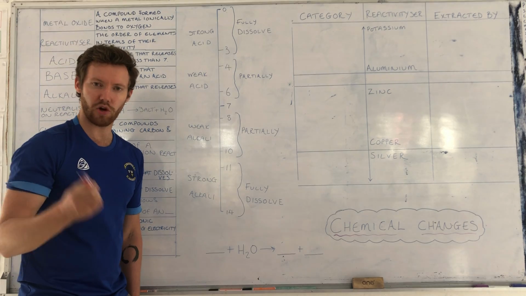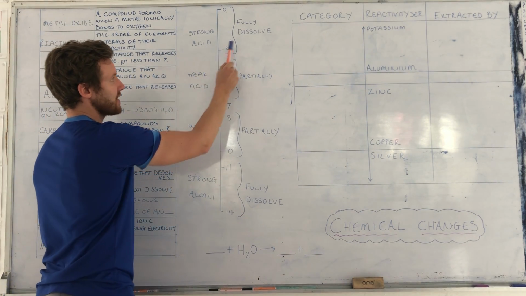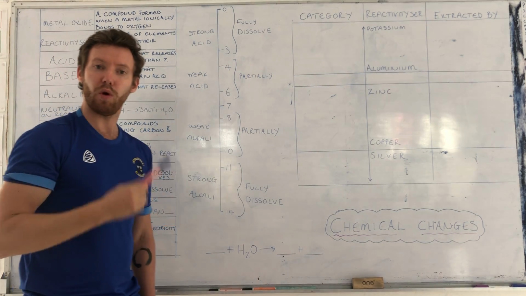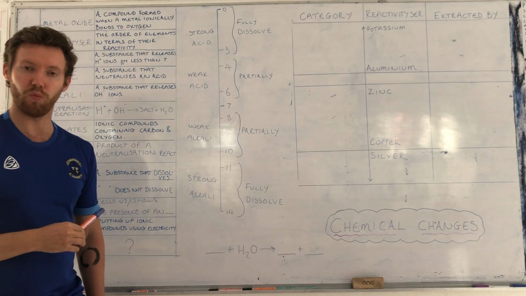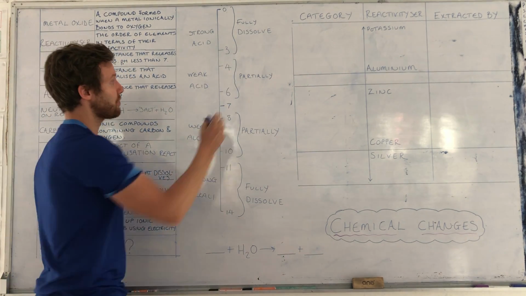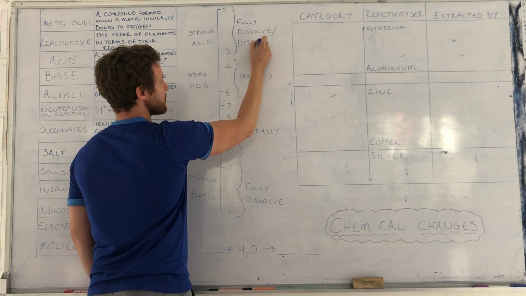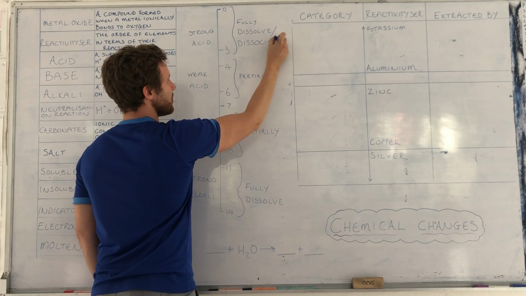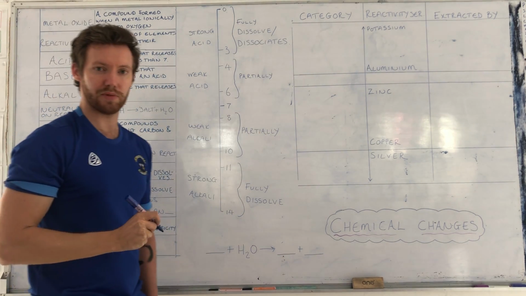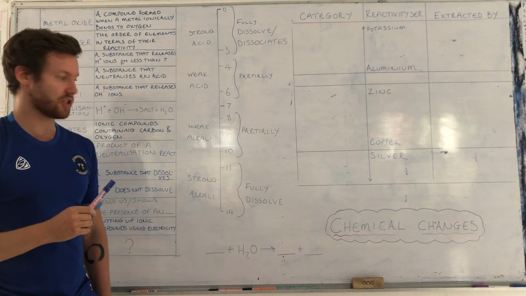Okay, let's keep going for our knowledge on this pH scale. What do we need to know? What am I referring to when I talk about a strong acid fully dissolving? Well, when a strong acid is placed in water, we say that it fully dissolves, or keyword, fully dissociates. A nice term: when you get to your A-level chemistry course, you will look at the ionic products of water involving the dissociation here.